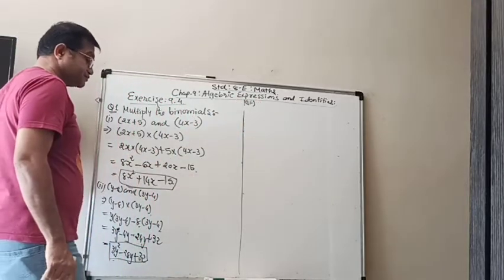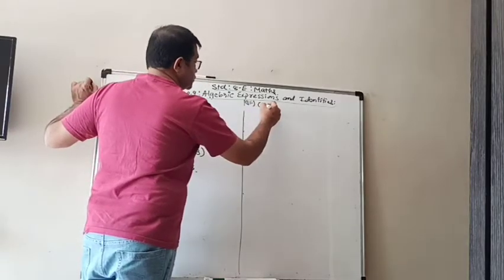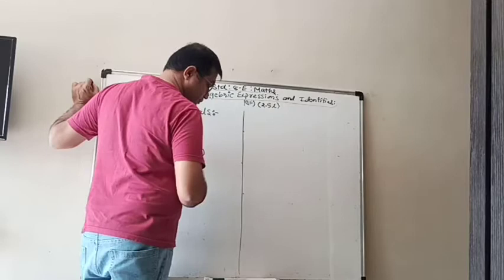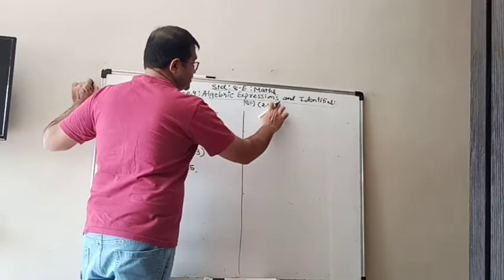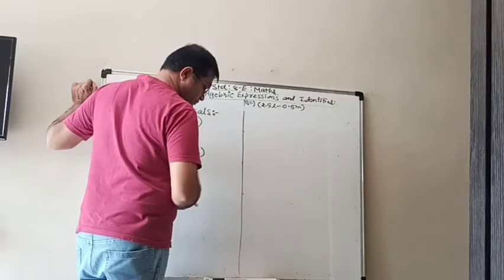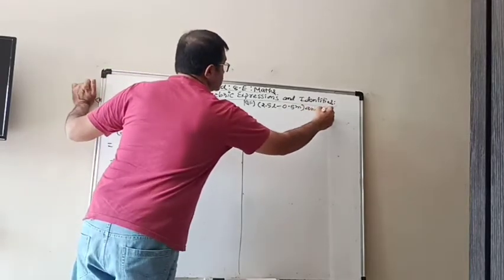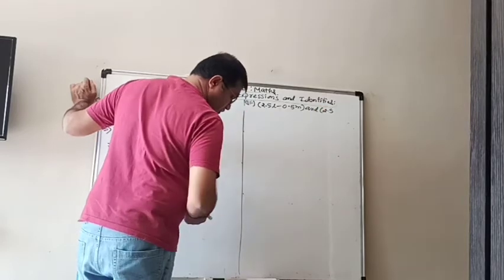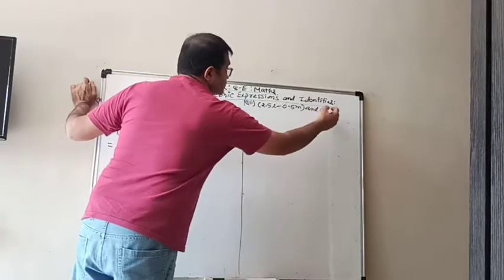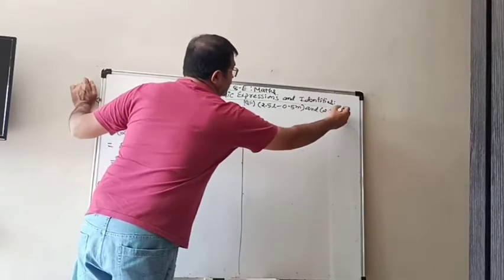Third one is 2.5L minus 0.5M and 2.5L plus 0.5M.